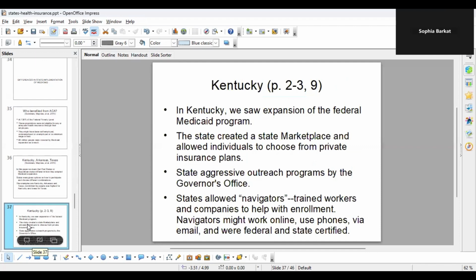If you look at the paper, you see that Kentucky was most open to the idea of Medicaid expansion. So we saw the state created a state marketplace and allowed individuals to choose from private insurance plans.